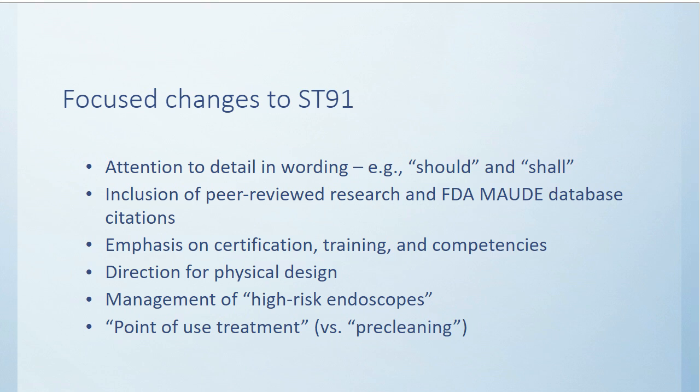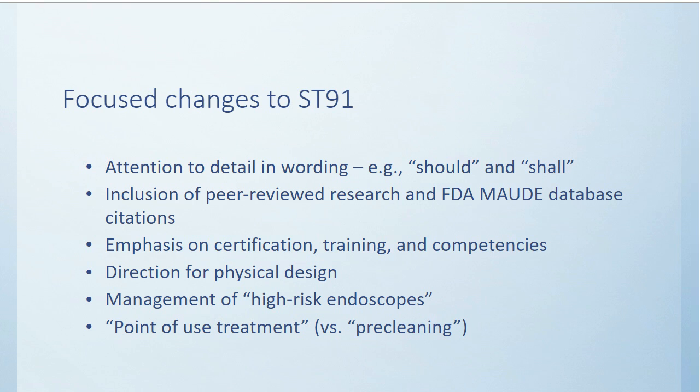Inclusion of peer-reviewed research and FDA MAUDE database citations. As I said, this is a much more comprehensive document with many new recommendations and requirements in it, or strengthened wording around a specific topic. So in order for you to have the support and the information needed to implement those changes in your facility, we wanted to make sure that you had as much evidence there to show leadership why this needs to be done.